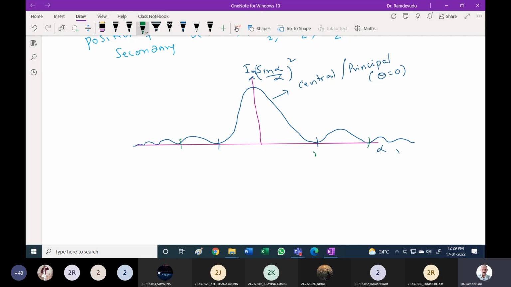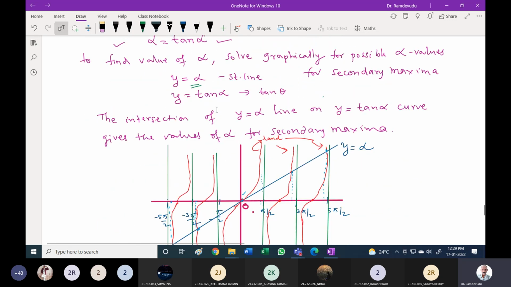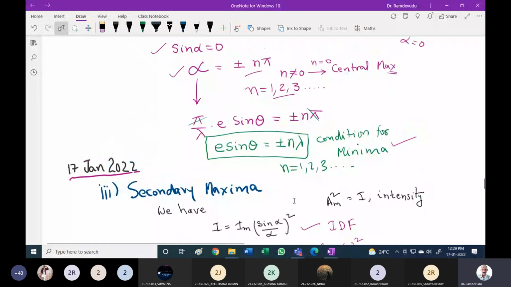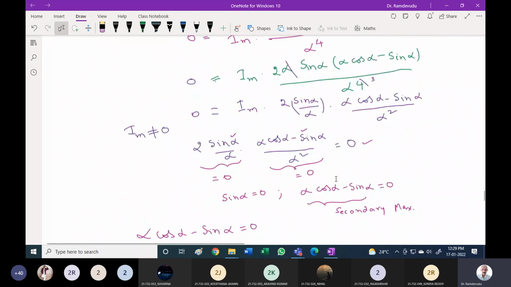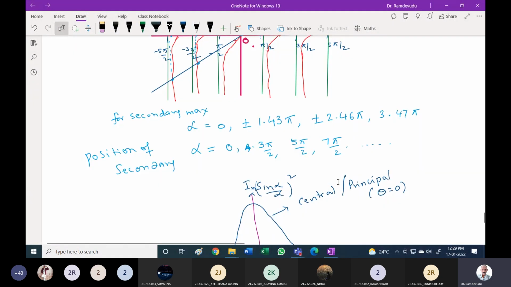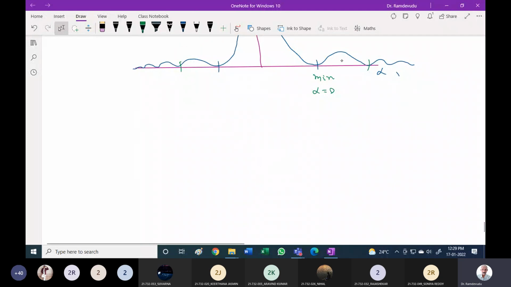Minima appear at alpha equal to n pi, we have seen it, because the minimum condition is e sin theta equal to n lambda. So alpha will take n pi values, with n equal to 1 to 3. Hence, we will get alpha equal to plus or minus n pi, where n will take 1, 2, 3 values.